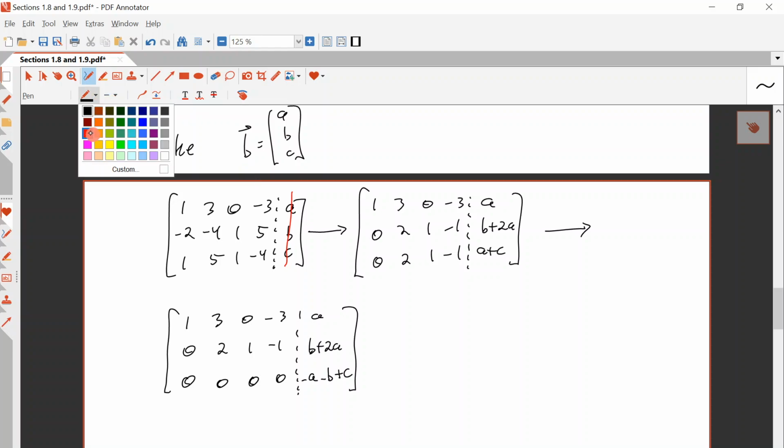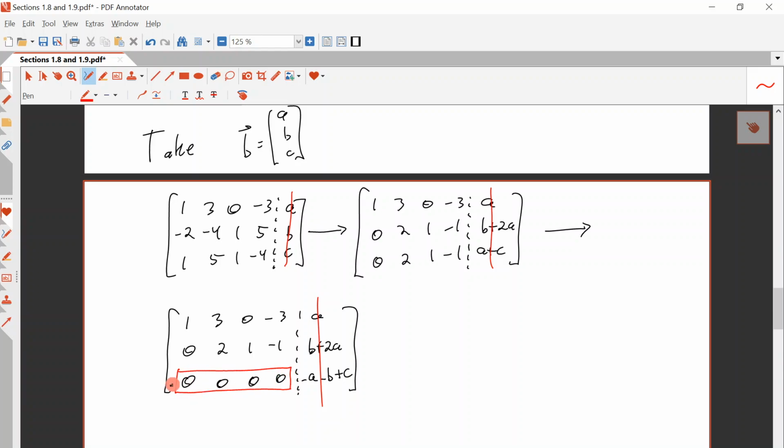Now, you don't have to keep track of this. Okay, what matters is that you've got this row of zeros here, and this thing at the bottom here may or may not be 0. So, again, as we talked about in the previous section, you've got pivots here and here, right? Your pivots are this row and this row with those columns.